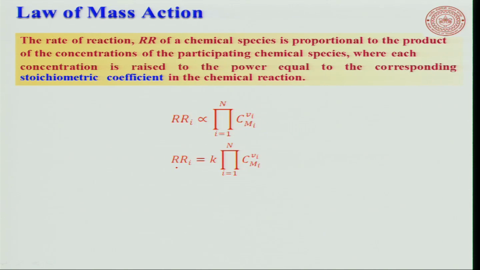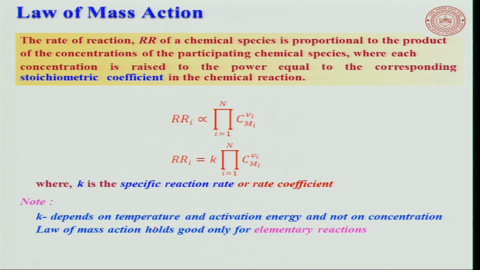So, I can write this as a proportionality. Therefore, the rate r_i is equal to k times the product of C_m raised to v_i, and k, as I told, is the specific reaction rate or the rate coefficient. So, we need to determine this. How to determine that is a very important aspect.